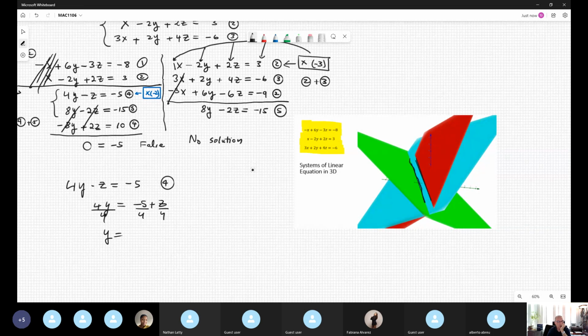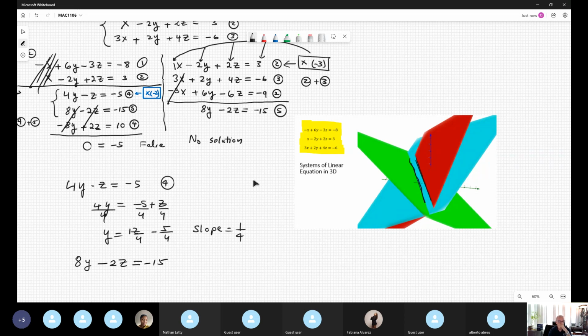Y alone is equal to z over 4 minus 5 over 4. This is a line, and the slope of this line is 1 over 4, this coefficient. Let me do the same thing in equation 5. Equation 5 is 8y minus 2z equal minus 15.